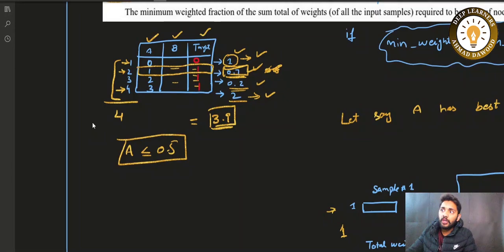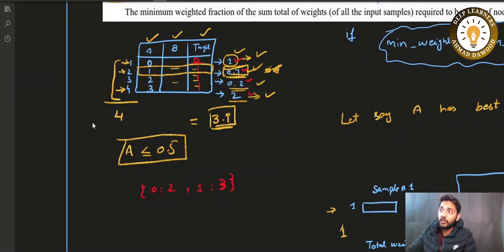Okay, so if you specify that your 0 class has two weight and your 1 class has three weight, like I mentioned previously, and your samples also have some weights, then these weights also refer to the samples.